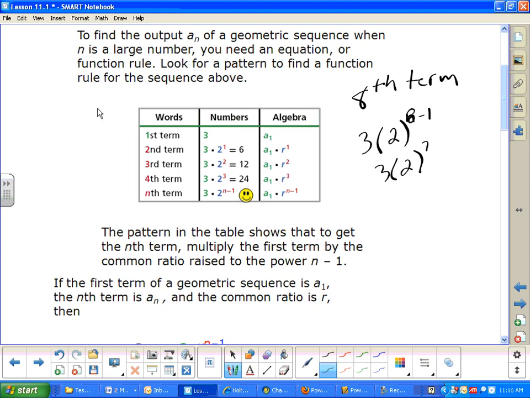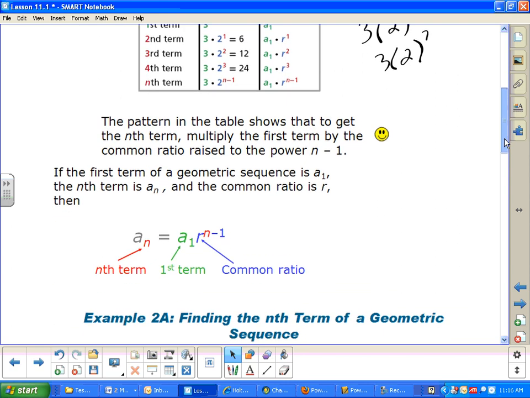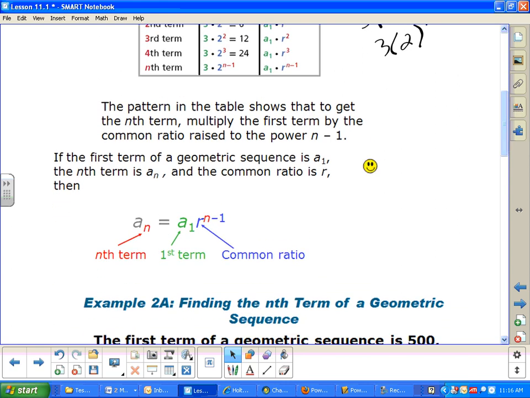So the pattern in the table shows that to get the nth term, we multiply the first term by the common ratio raised to the power of n minus 1. So here's a little formula for you. This is the formula to find the nth term of a geometric sequence.